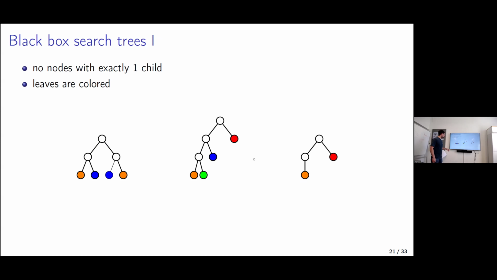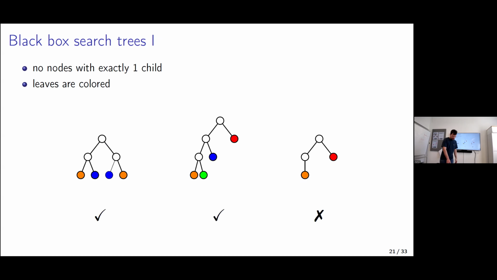Okay, here are 3 examples. This first one satisfies the properties, obviously. It has no node with exactly one child, and all of the leaves are colored. The second one as well, it's kind of obvious. And this third one breaks this first property, that it has no node with exactly one child, because there's this thing here.